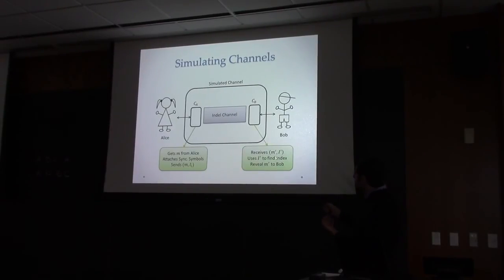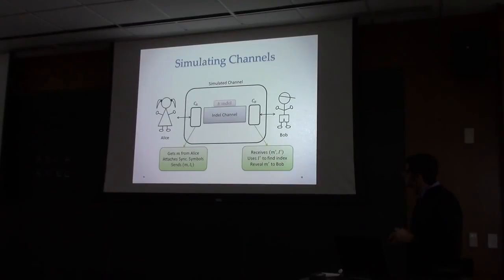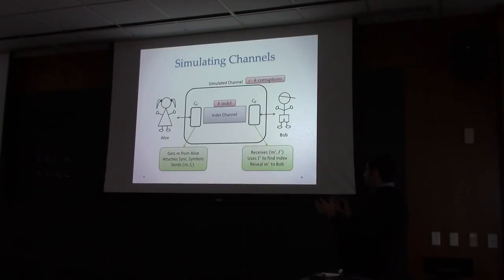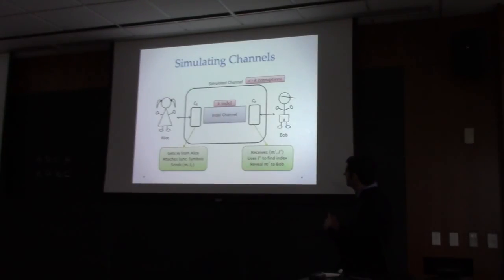It tries to figure out what the actual index is using this I prime and the other indices that he has received so far, and then reveals M prime to Bob. And this way we can turn an insertion deletion channel with K errors into a regular channel with C times K corruptions.